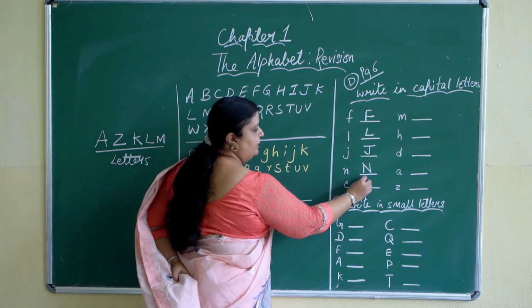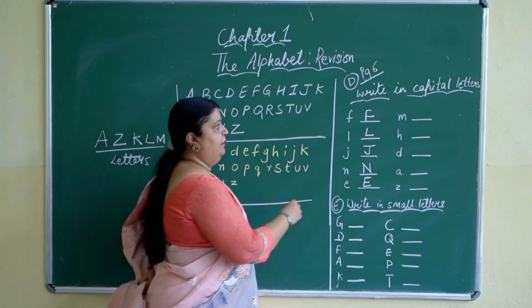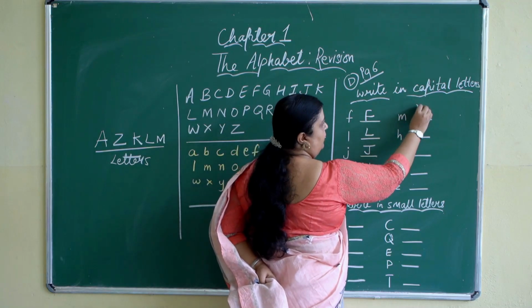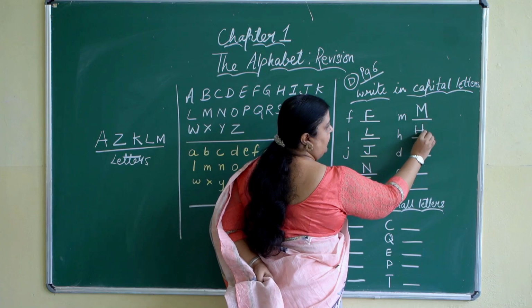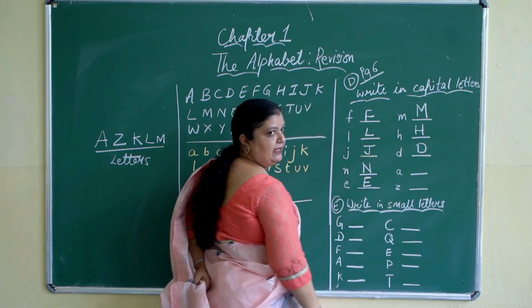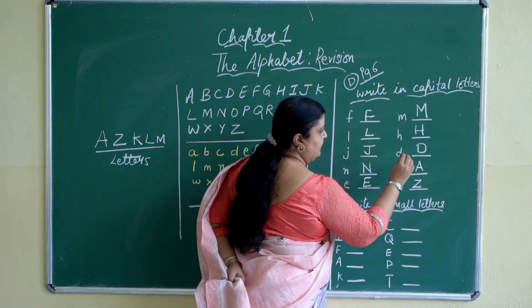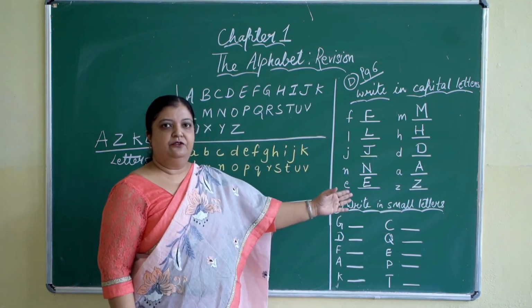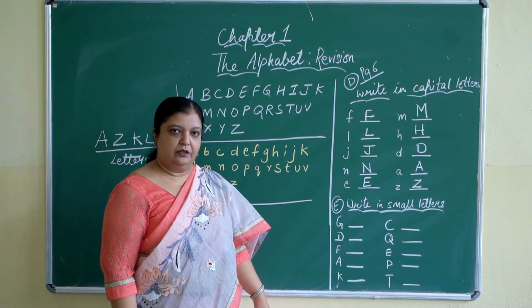Small e, then capital E. M small, now you have to write it capital. H will be like this, D will be like this, A and Z. First 2 rows I have done for you, children. The next 3 rows you can do by yourself as homework.